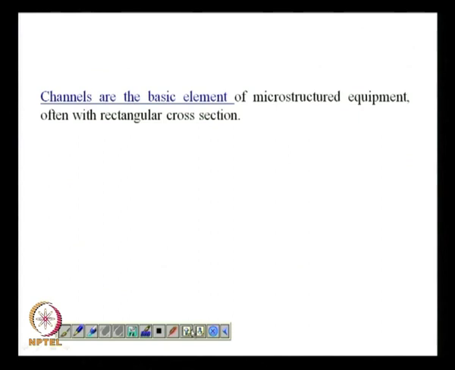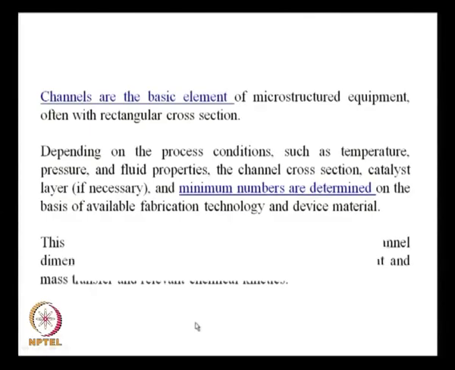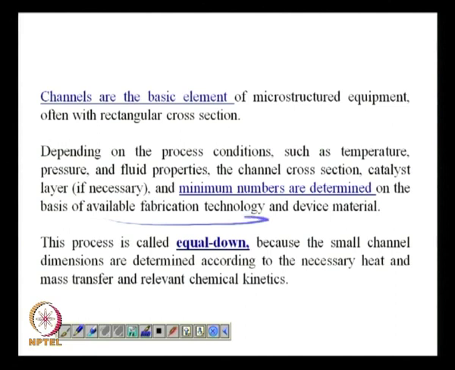From there, if we like to think of the basic elements of a microstructure device, those are going to be the channels. You decide about the minimum number of channels that you would require for performing a certain operation. You have to be careful about the process conditions and whether or not you have fabrication technology available that can take care of your requirements.